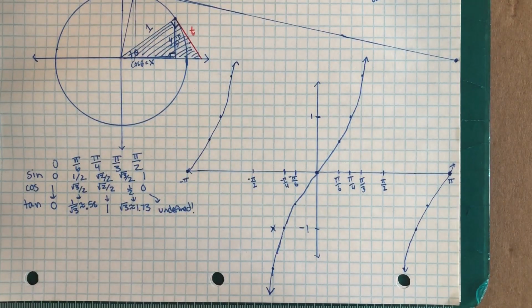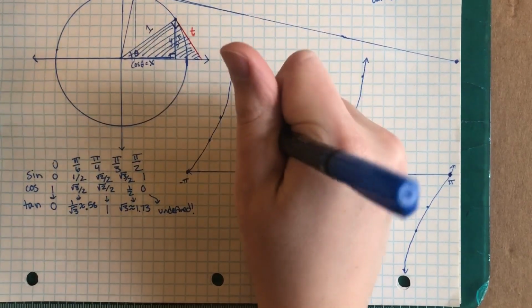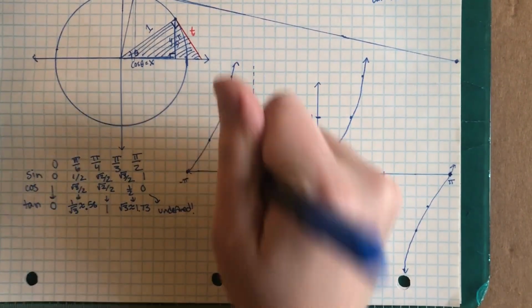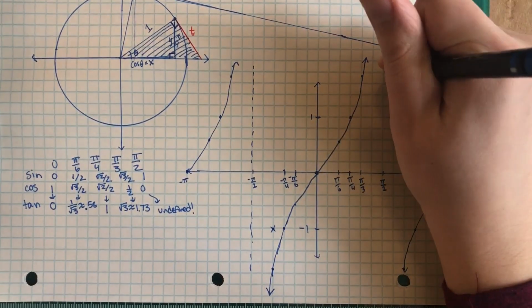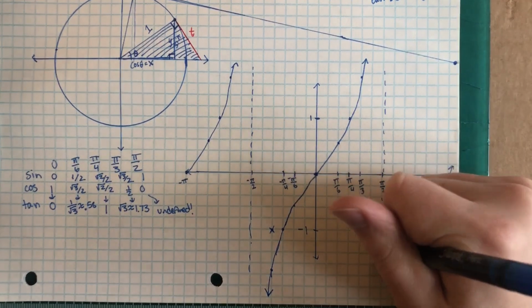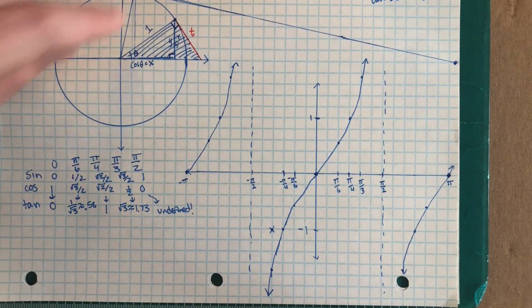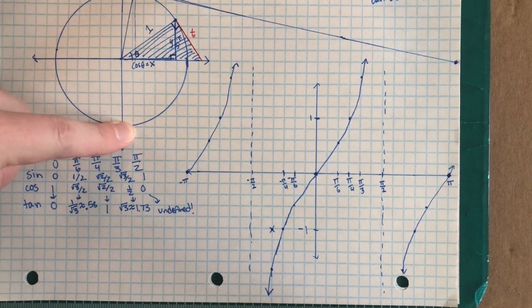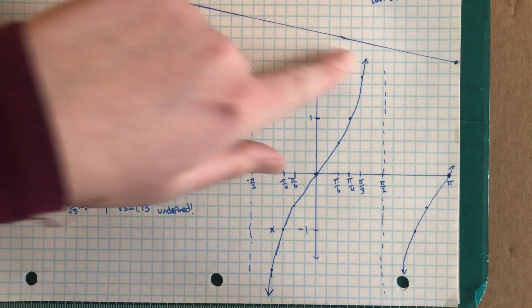So the tangent graph actually has these kind of breaks in it. And these breaks happen at negative pi over 2, at pi over 2, and at any other angle where we are close to either the top or the bottom of the circle, because that tangent line is going to be super long to get to the x-axis.